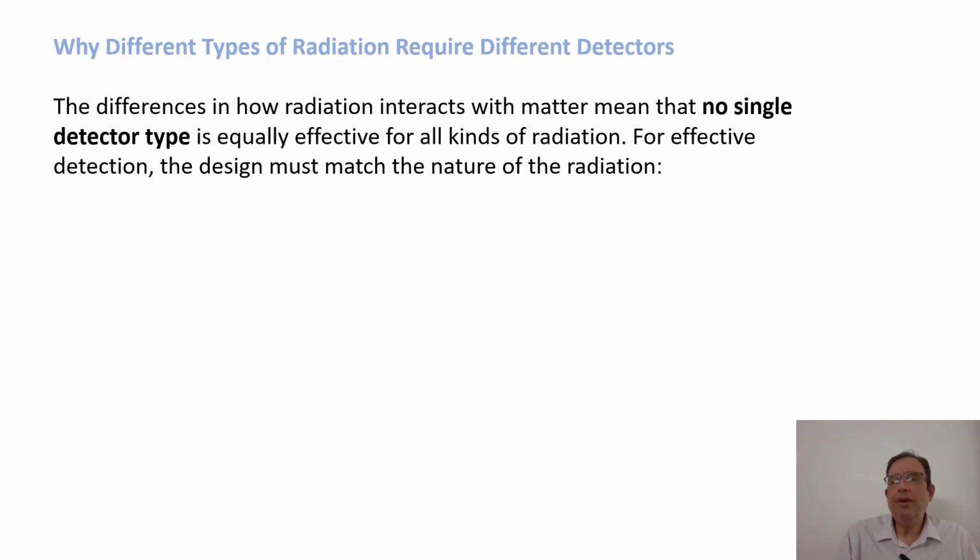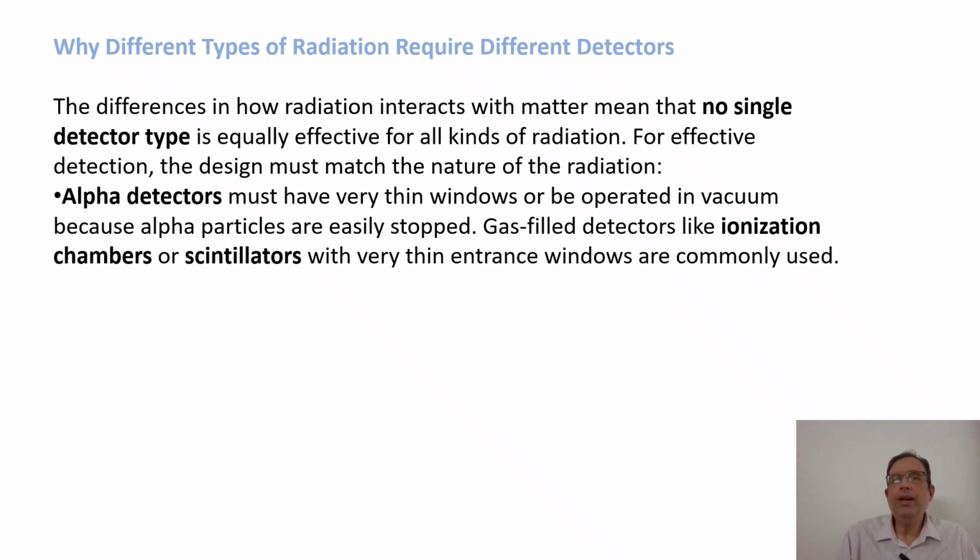Depending upon the type of radiation, the material is selected for the detector, and that material is going to be different for different types of radiation. For example, alpha particles, which are not that penetrating, require the detector setup to be operated in vacuum, because if it is not operated in vacuum, the air will absorb the alpha particles.